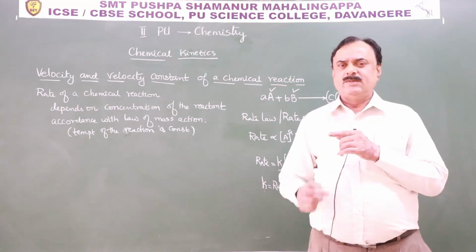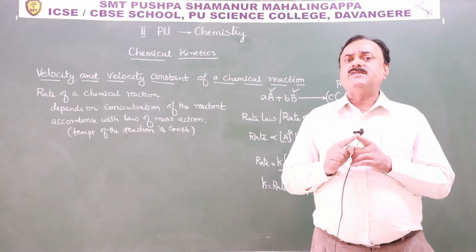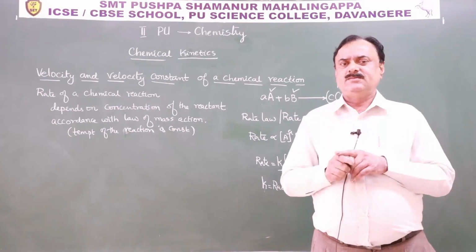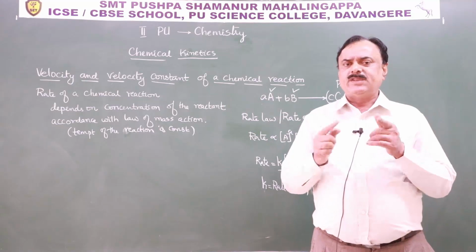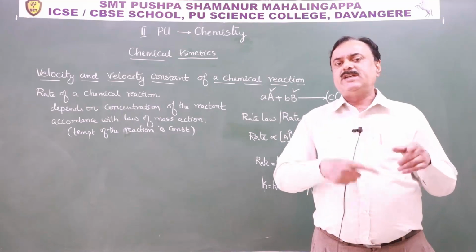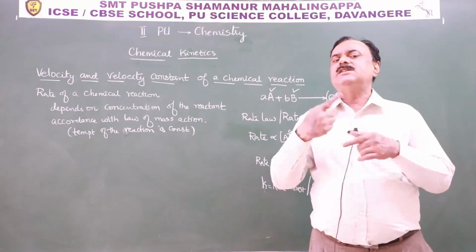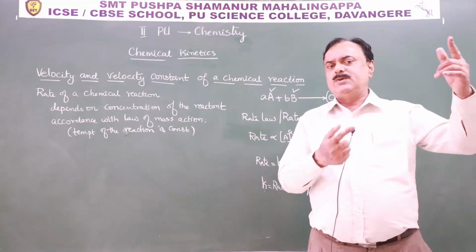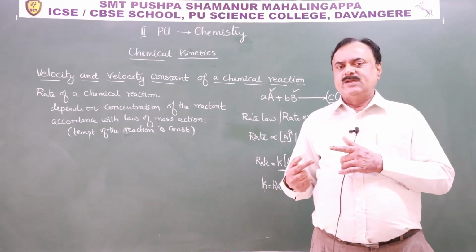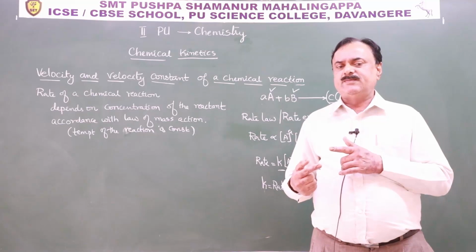Very important: the velocity constant of the chemical reaction does not change. At a given temperature, the velocity constant value is found to be constant. When the temperature changes, the velocity constant also changes. At two different temperatures, the velocity constant will be different.